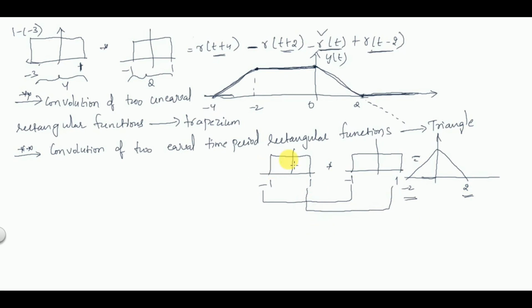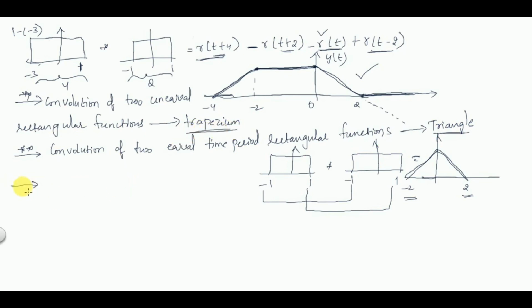If you want, you can check this by solving and drawing the output y of t; you will get the same function here, from -2 to 2. So the important point is: convolution of two equal time period rectangular functions results in a triangle, and convolution of two unequal rectangular functions results in a trapezium.